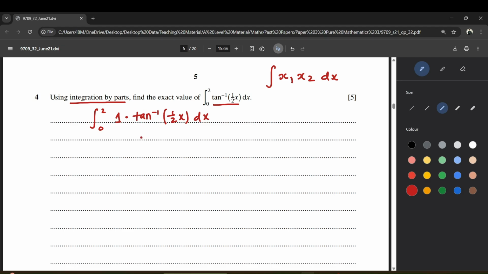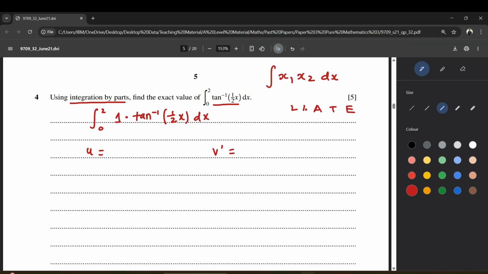So we have to choose u, and we have to choose v dash, right? Now what I've taught you earlier is that we can use LIATE, this abbreviation or these initials, to remember what we should choose for u. L stands for ln.